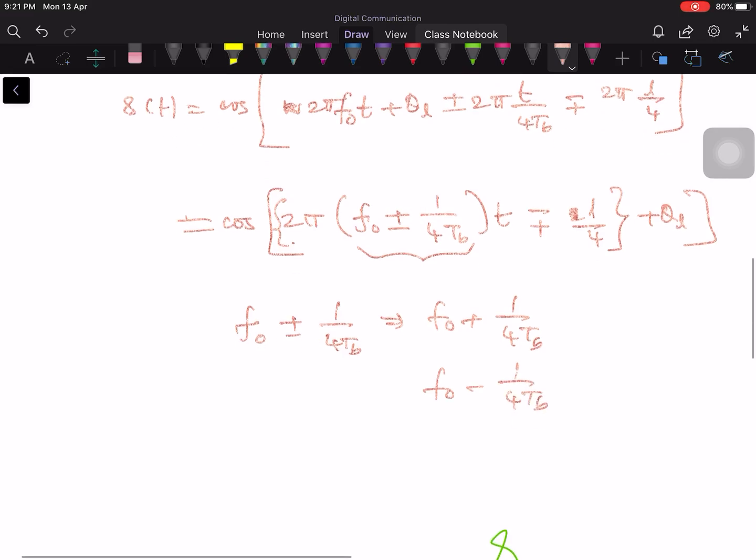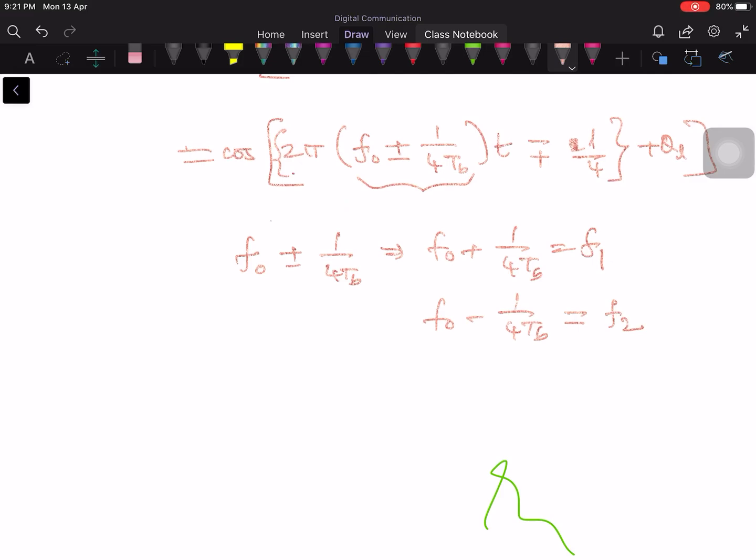Therefore f naught plus 1 over 4 TB can be taken as one of two possible frequencies. Let me call this frequency f1, and the other frequency f2. In general, let me call the whole thing fi. When i equals 1 I get this one, when i equals 2 I get this one. So there are two frequencies.